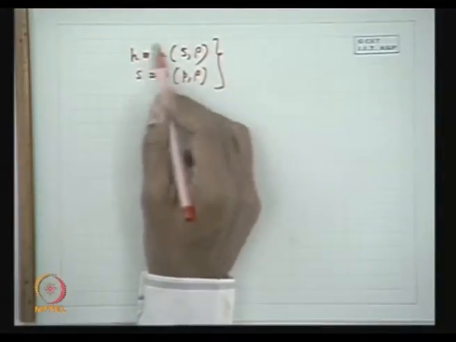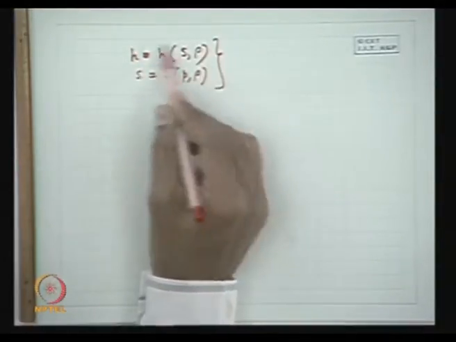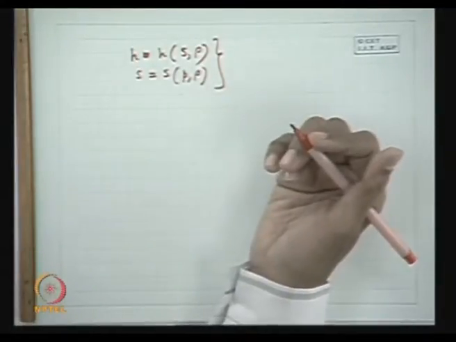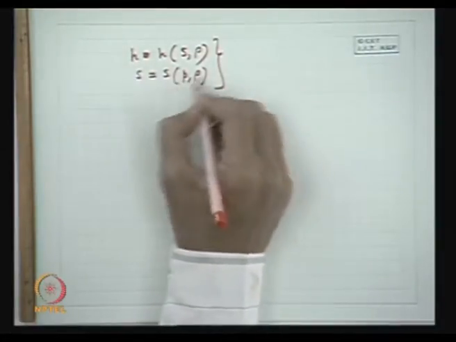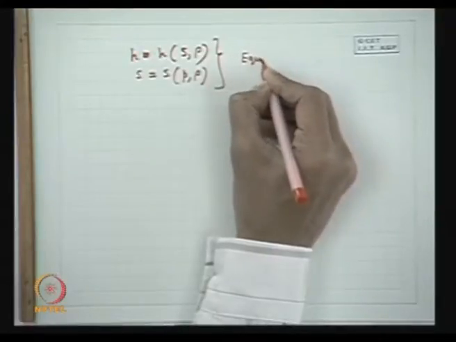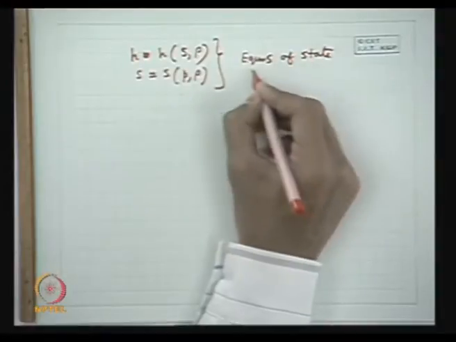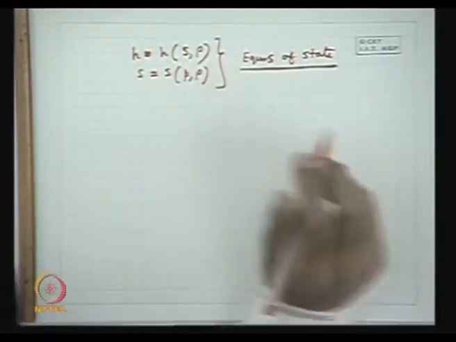These are expressed in an implicit form because the explicit relationship depends upon the type or nature of the system. So for any system we can write the implicit relationship of thermodynamic properties, which are nothing but the equations of state. That means thermodynamic equations of state can be written like that.